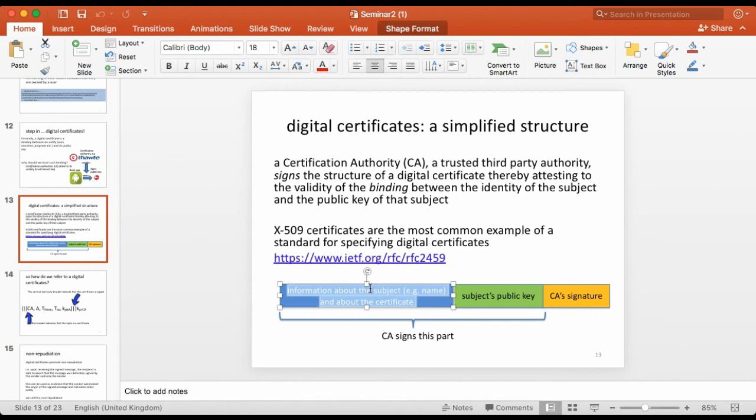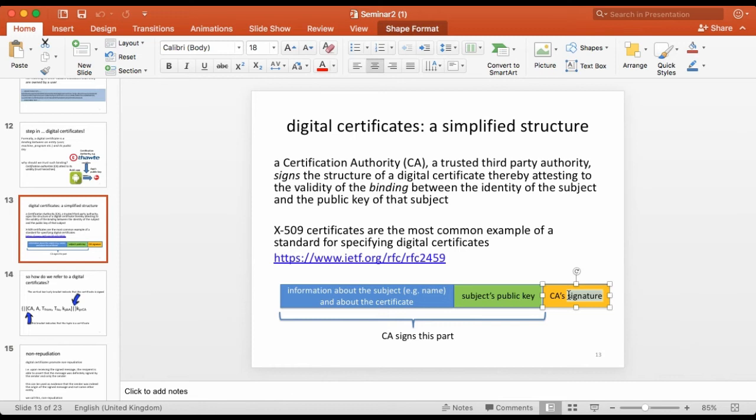First of all, you have some information about the subject, i.e. the owner of the key or the alleged owner of the key. And then you have the actual public key for that subject, and finally these two categories of information are then signed by this certification authority.